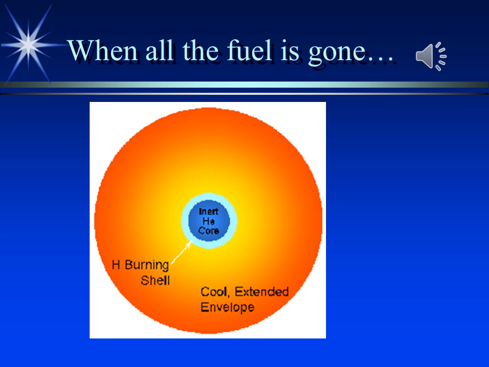That injection of energy starts fusion there, where usually there was not enough density and temperature to start fusion. So now we have a hydrogen burning shell around that inert helium core.